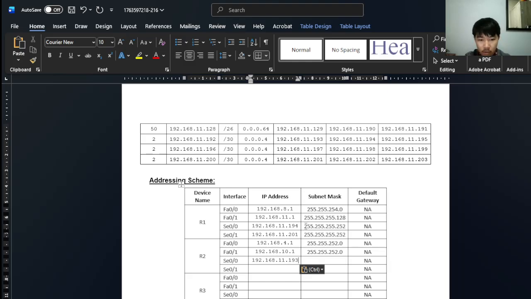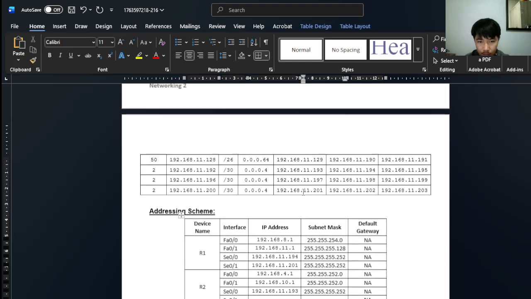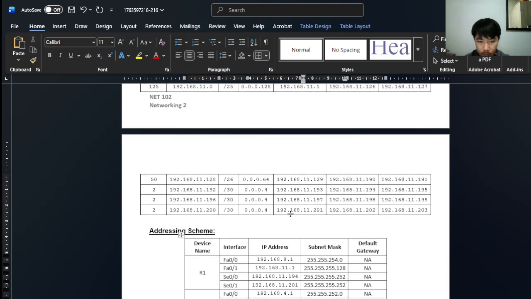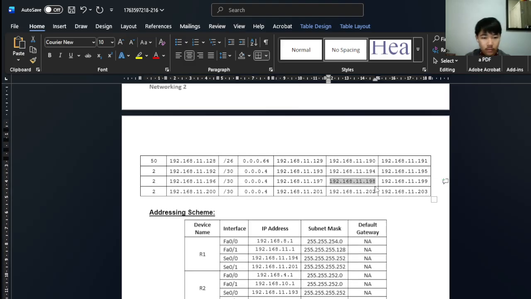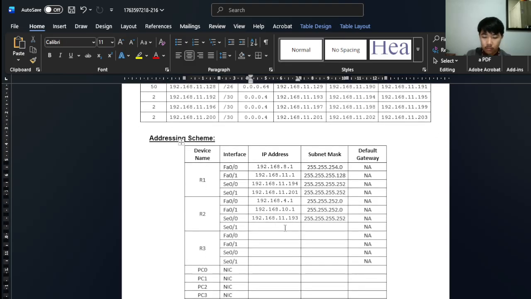So here, let's copy, and the next one is 192.168.11.198.